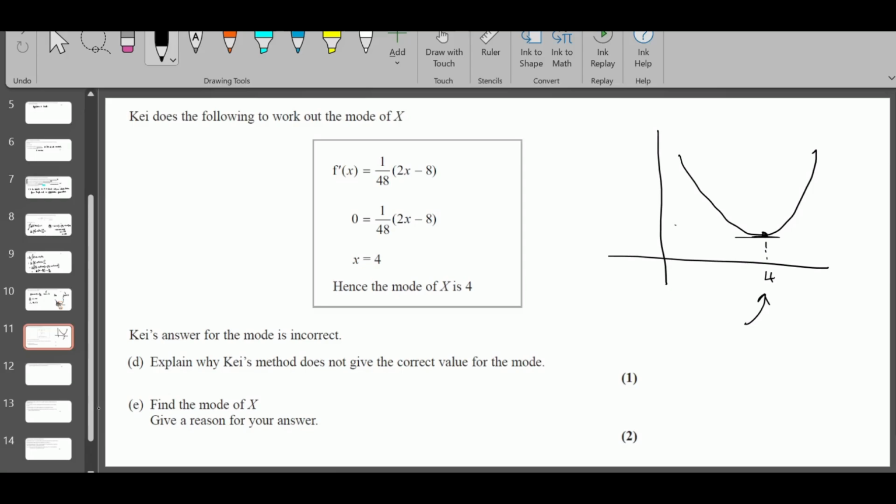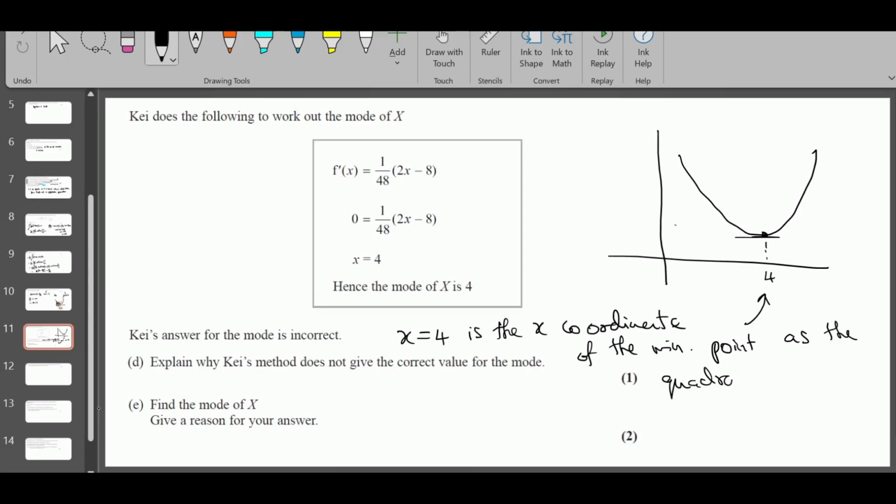So you need to write x is equal to 4 is the x coordinate of the minimum point, as the quadratic is positive. So that's the answer for D.